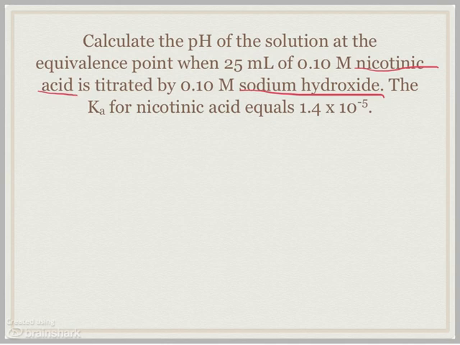We do need to first do something else, though. We need to first figure out how much of this particular acid we're starting off with. We need to figure out what the salt is going to be at the very end. So we do have to determine that amount. And to do that, we are going to deal with stoichiometry a little bit, so it's coming back to haunt you a little. So first thing though, just take your liters, so it's 0.025, and you're going to multiply that by the 0.1.